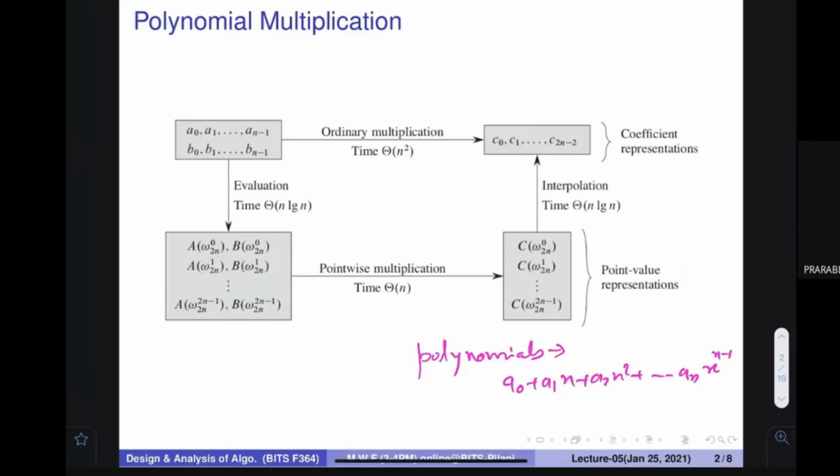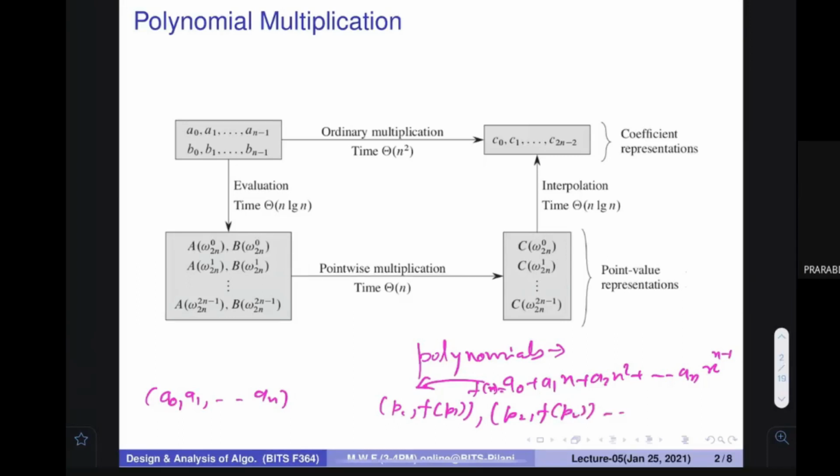Another way of representing the same thing is that you use n points. Take some point, say p1, and evaluate f at the point p1, then take another point p2 and evaluate the function at p2, and so on up to pn.